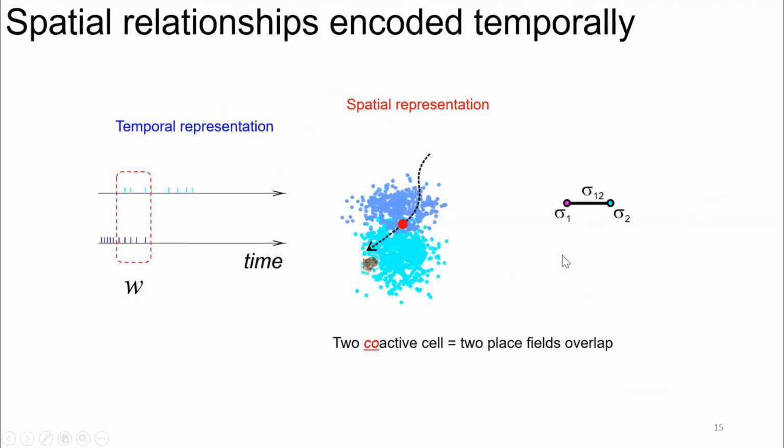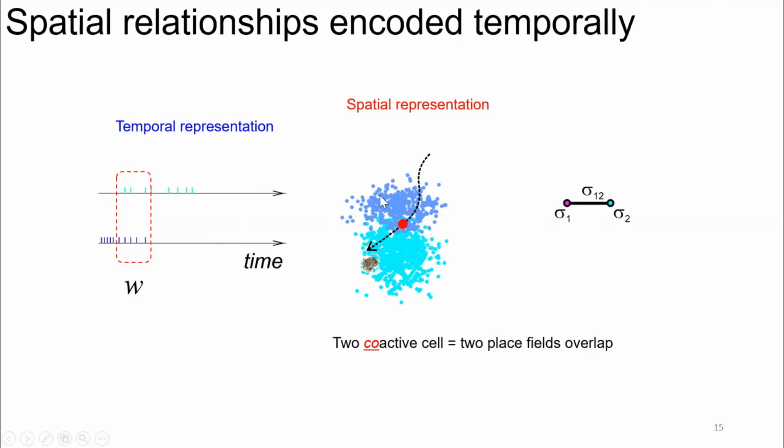Now, if I have coactivity of two cells being coactive at the same time, what does it mean? It means that at that time, the rat is running through an overlap of place fields, and I can think of every instance of coactivity of two neurons as a representation of overlap of two regions.